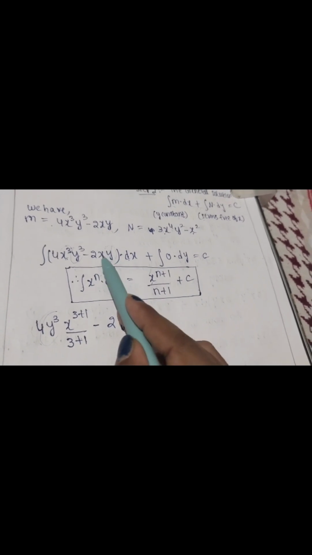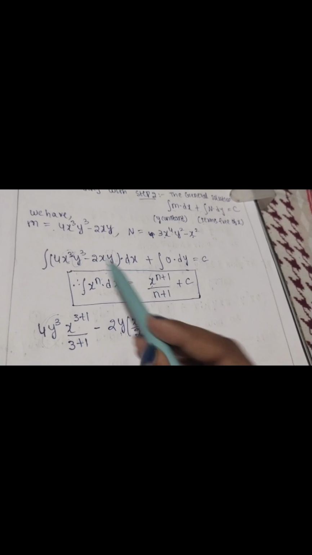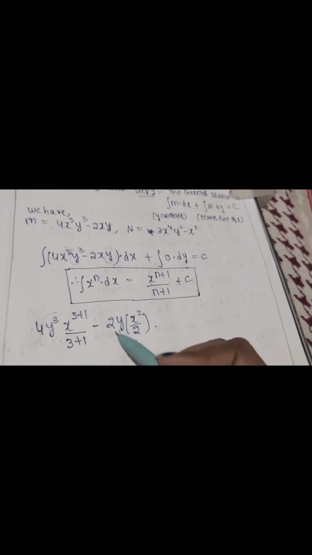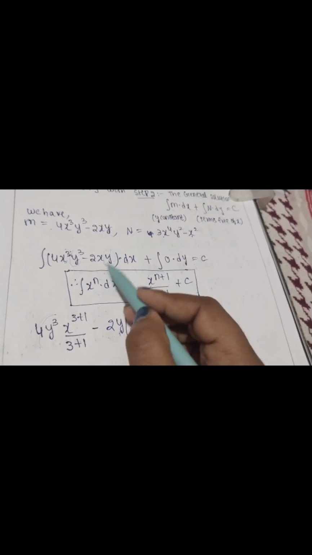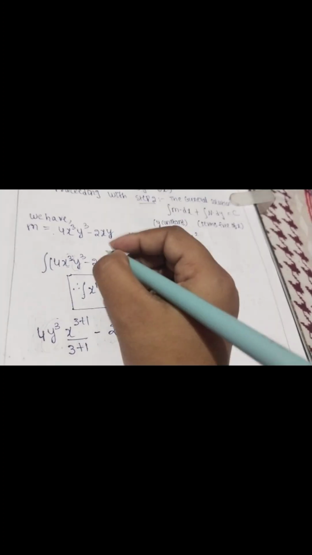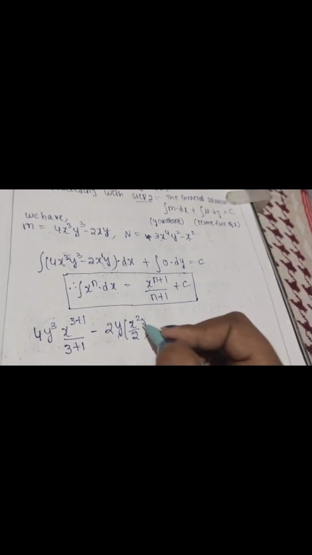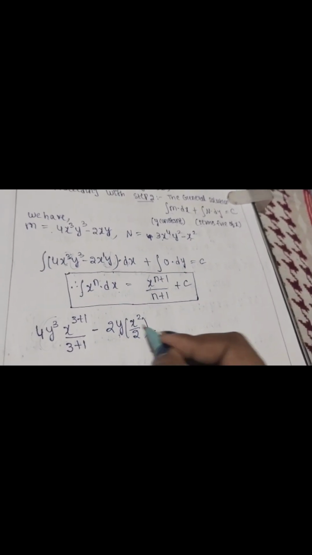Same thing, we are keeping y constant as 2 is also constant. We should not disturb this term. Now following x dx, integration of x dx, x power 1 plus 1, divided by 1 plus 1, which is further simplified into x power 4 divided by 4.